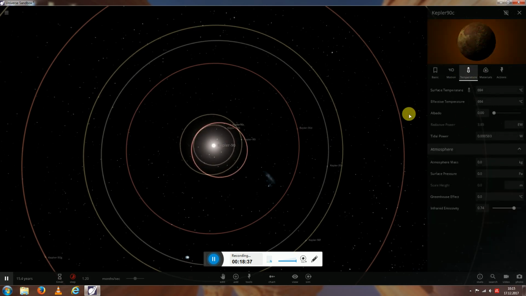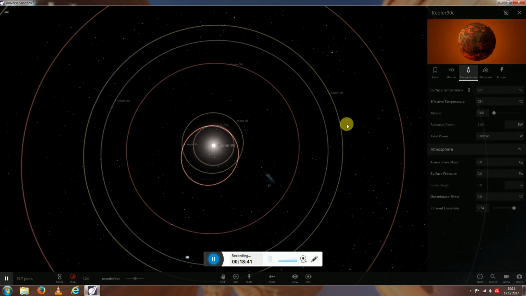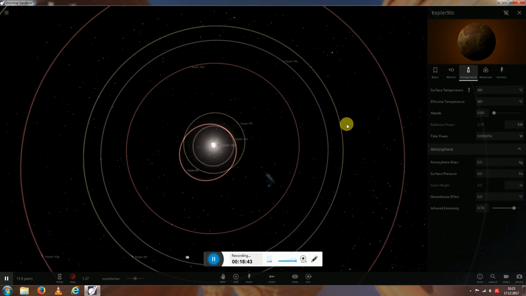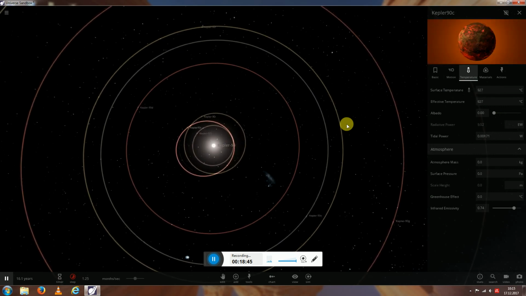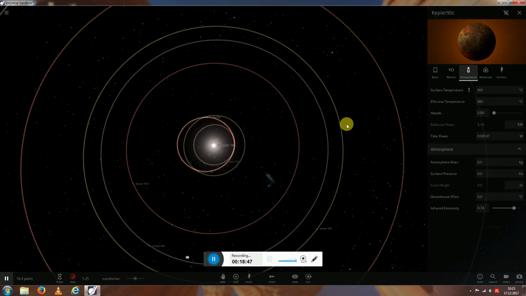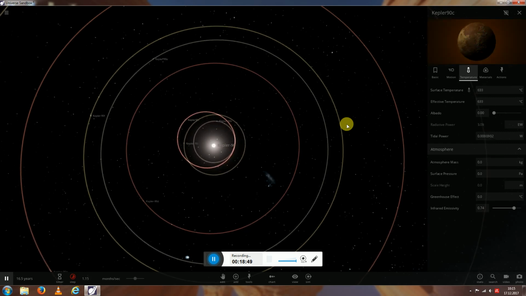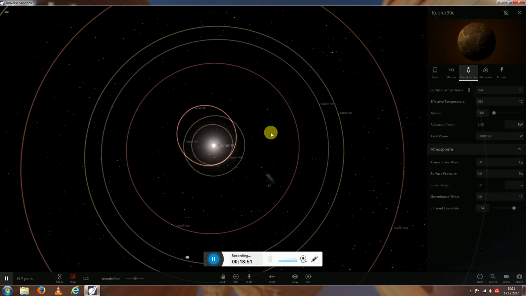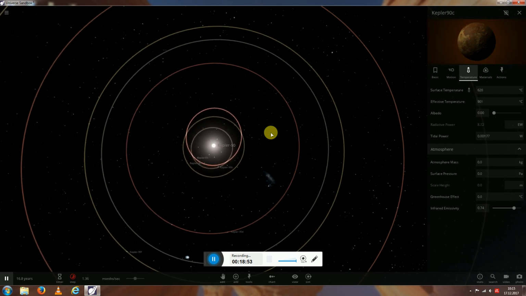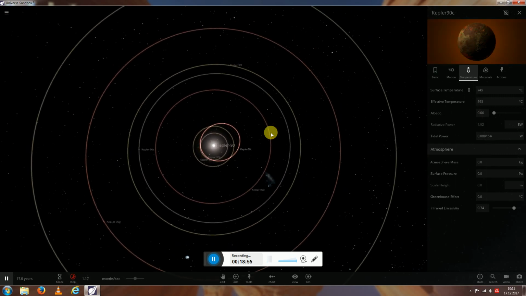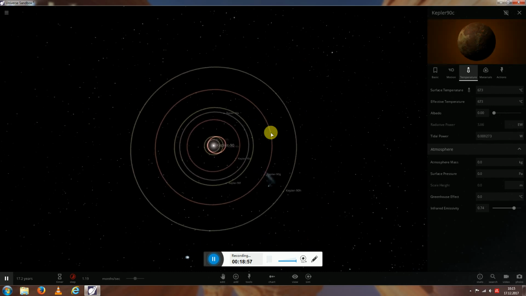Yeah, and the temperature on Kepler 90c is varying wildly. Maybe sooner or later it will collide with one of the other two rocky planets, but yeah, I actually don't want to see and find out.